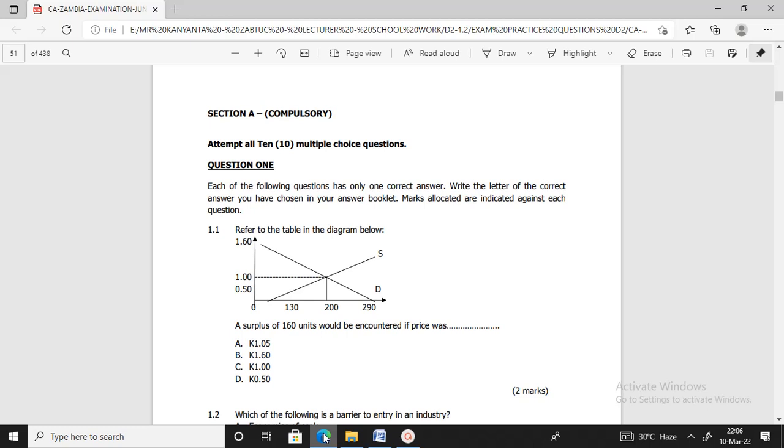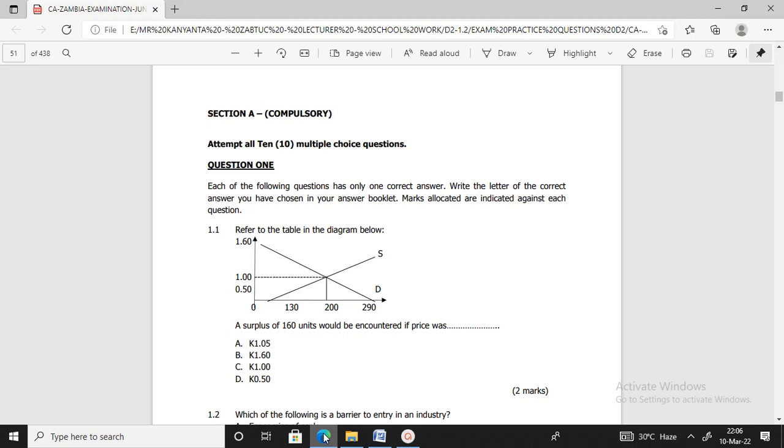So if we are to have surplus there, it means that the price must be above the equilibrium price, and that understanding itself eliminates option C and D.